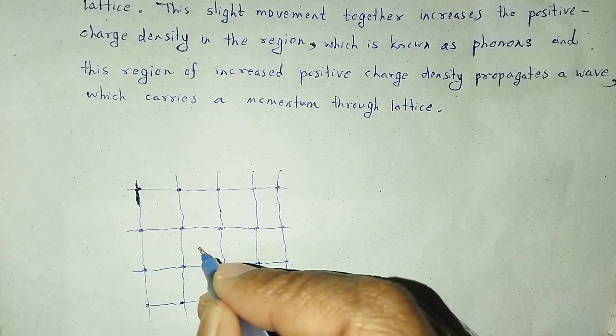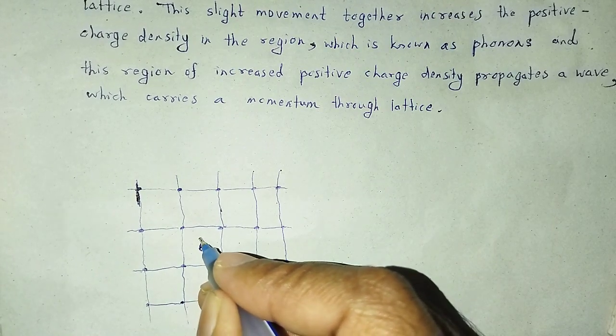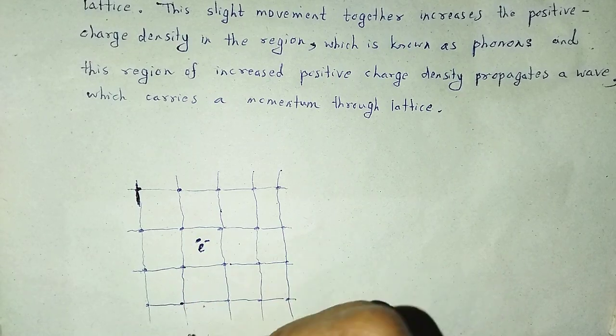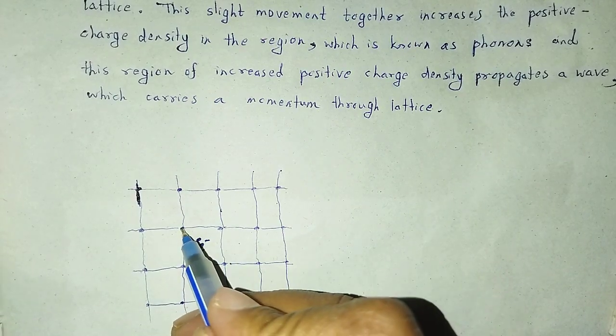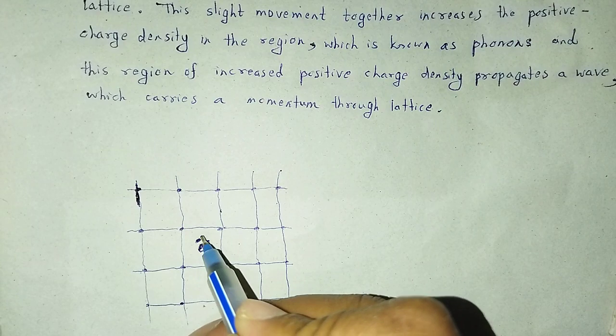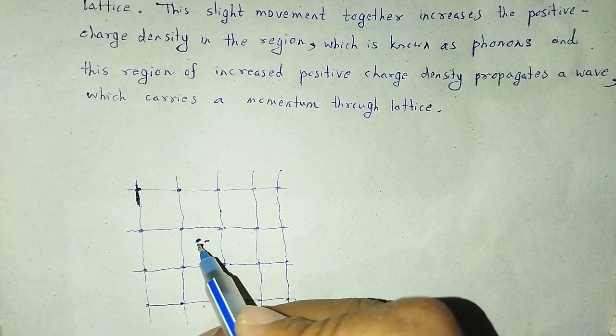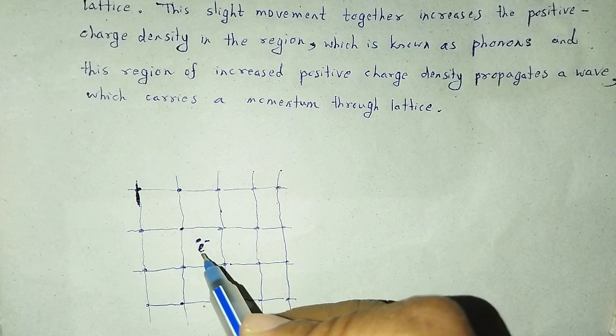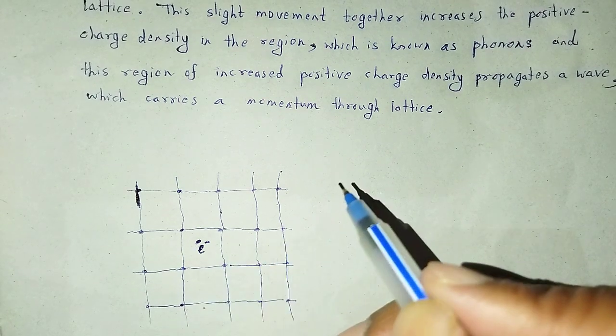If an electron is there, then these positive ions interact with the electron. The positive ion is attracted towards the electron.